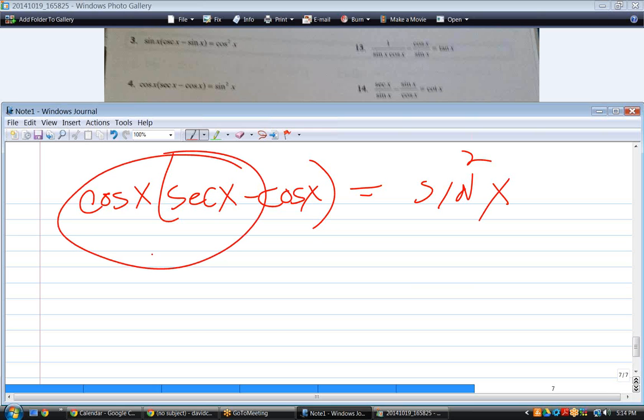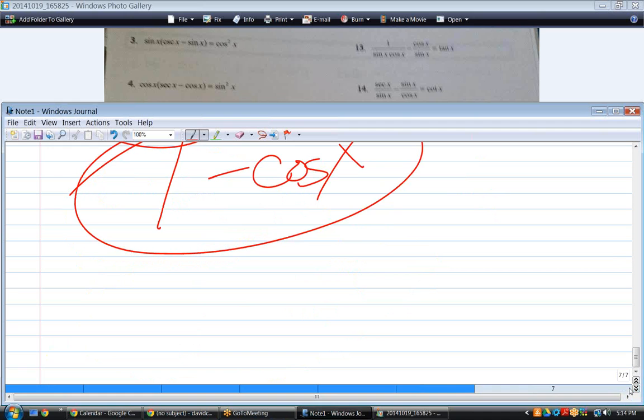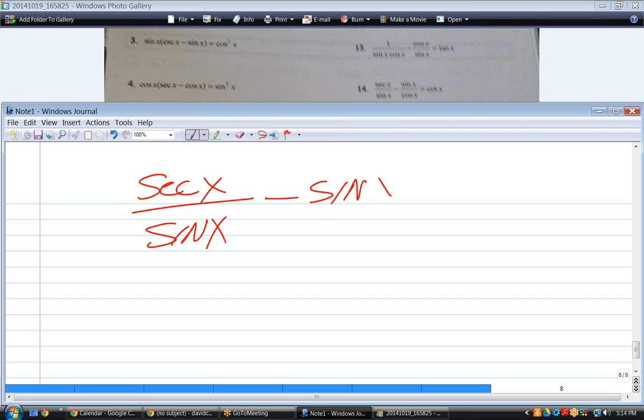Is that equal to? 1. 1 minus cosine squared. All right, 14. Is that a minus sign? Yeah.